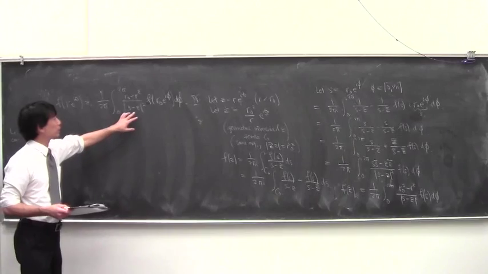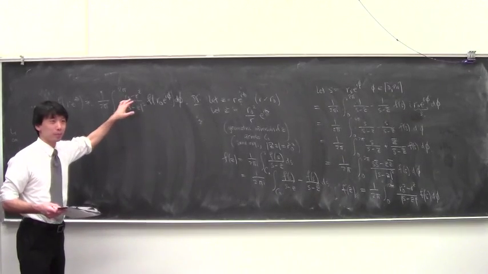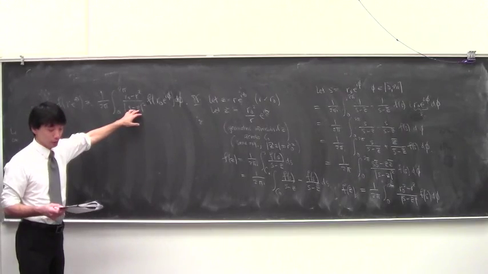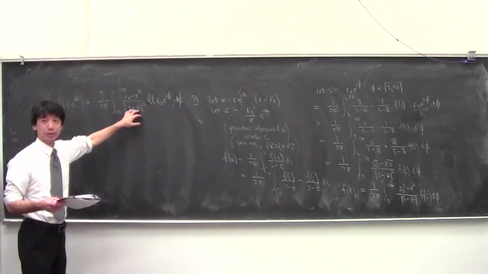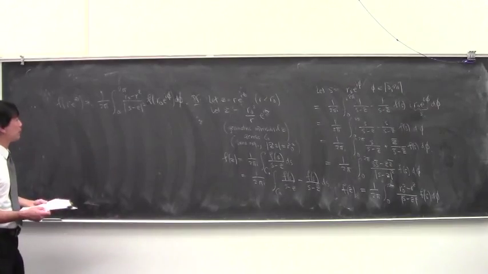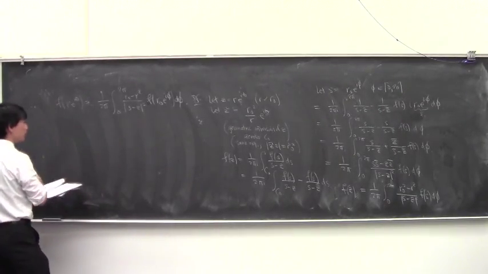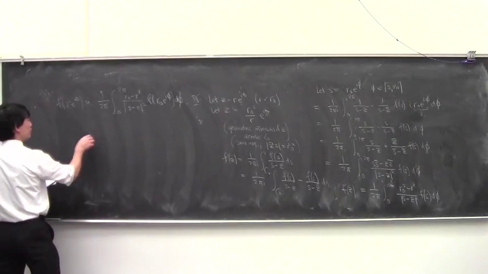Okay, and we just want to make this simpler. We basically want to get rid of the s's and the z's and translate everything into terms of r's and r naughts. So what we do is use the law of cosines.